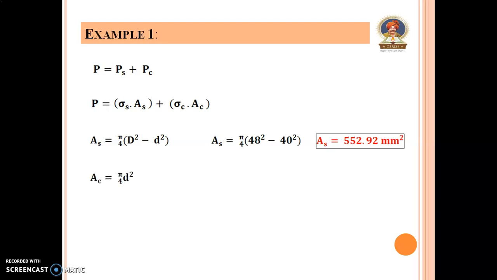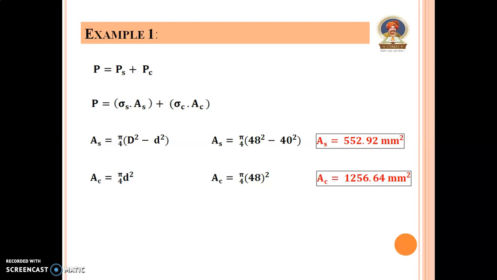Now calculate the area for concrete. Pi by 4 d square, put the value of small d, pi by 4 into 40 square. So area for concrete is 1256.64 mm square.